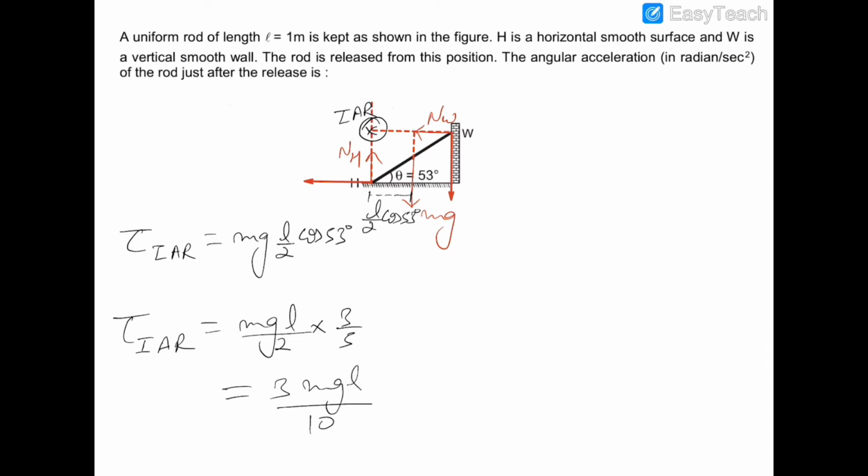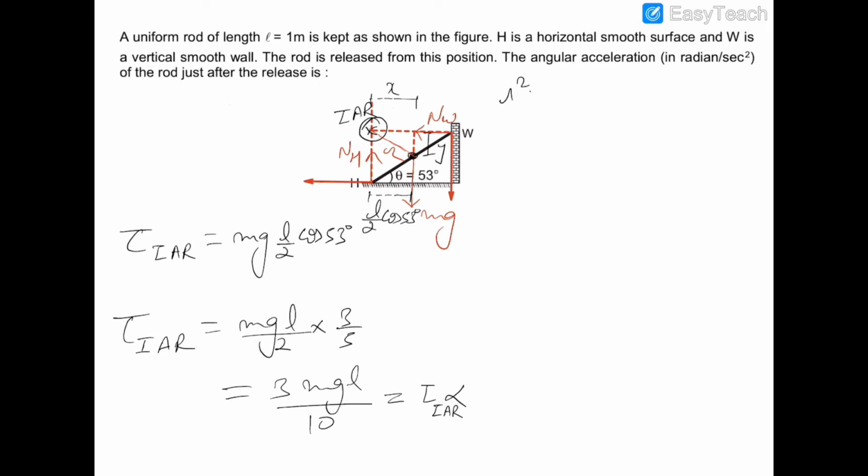Now this torque will be equal to I alpha, and obviously I would be about IAR. So the moment of inertia of this rod about IAR can be calculated by the parallel axis theorem. Let us suppose that the distance between center of mass and IAR is r. So we can apply the parallel axis theorem, and for that let us assume that this is x and this is y.